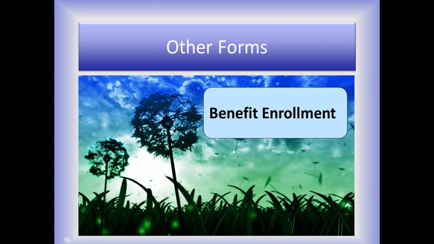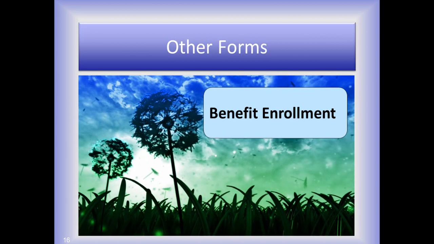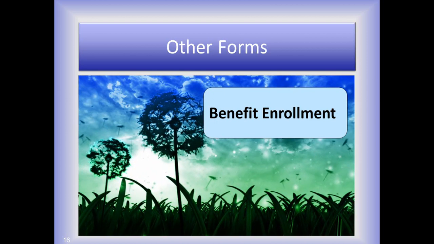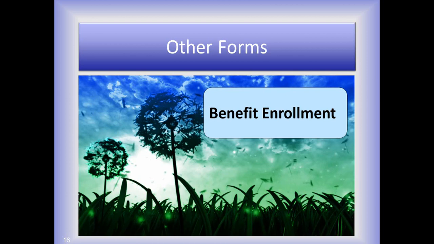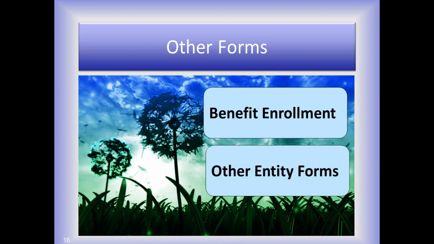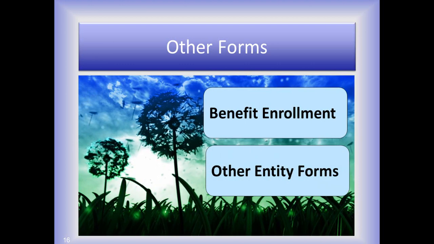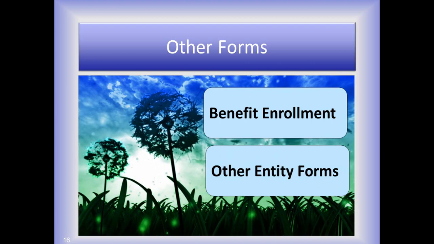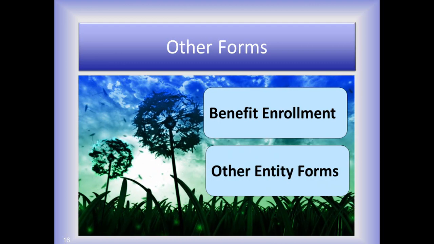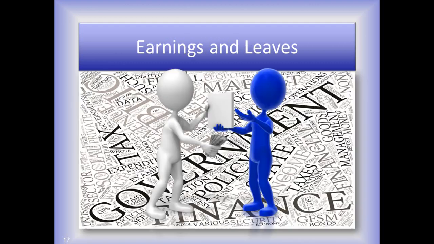Examples are medical insurance, dental insurance, vision insurance, life insurance, union dues, and deferred compensation. Also provide any other entity-specific forms for new employees. Check with the entity's legal counsel for any other forms that may be required.